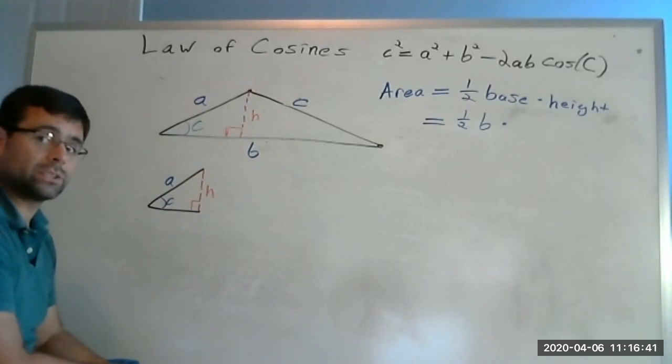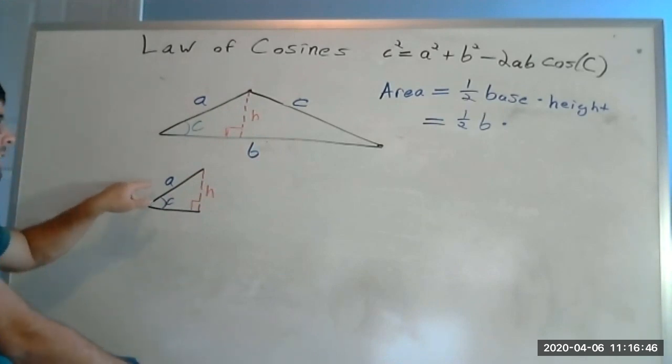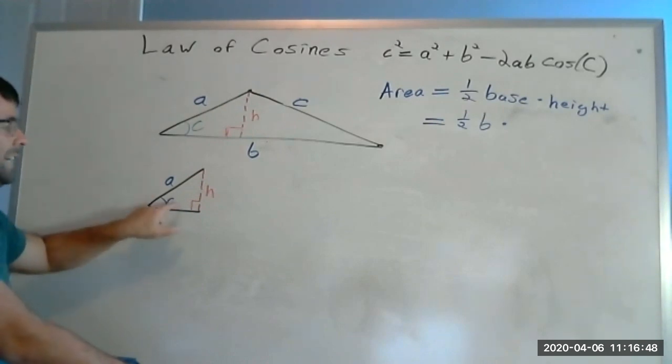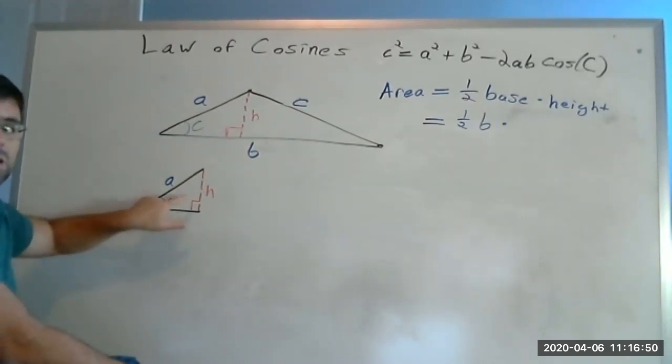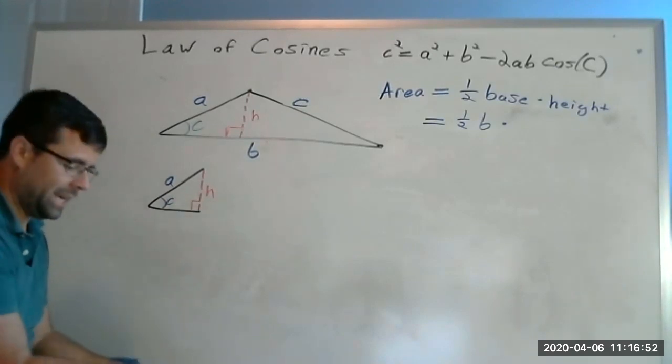So because it's a right triangle, if you have A and C, how do you find H?